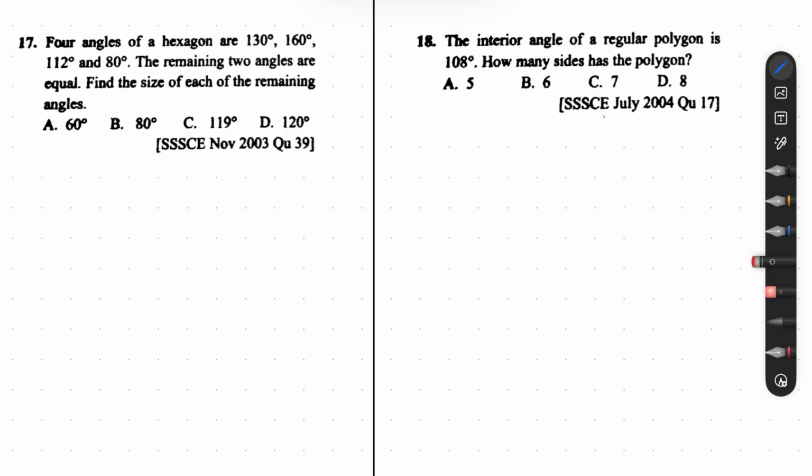N for a hexagon equals 6. Cool. Now the question says the remaining two angles are equal, so find the size of each remaining angle. So let's try to draw the polygon, which is a hexagon with 6 sides.